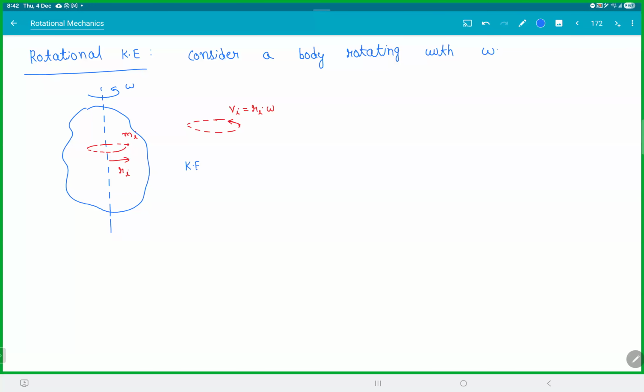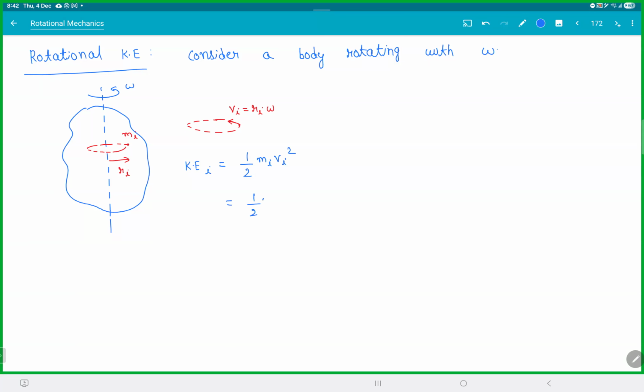The kinetic energy of this ith particle will be half the mass of the ith particle into v_i squared. That will be half m_i r_i squared omega squared.